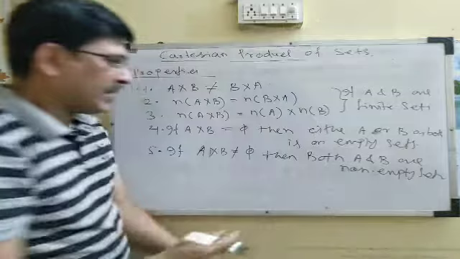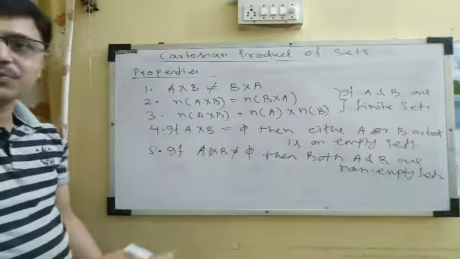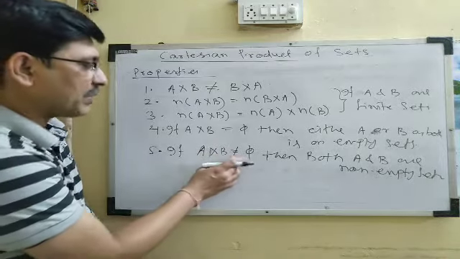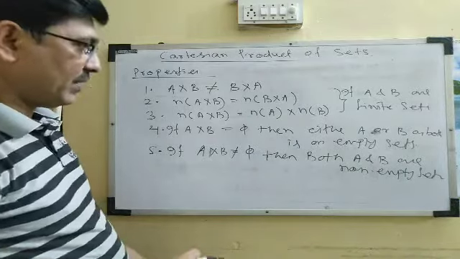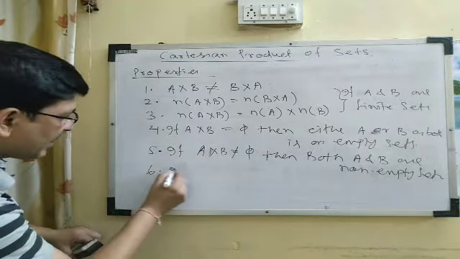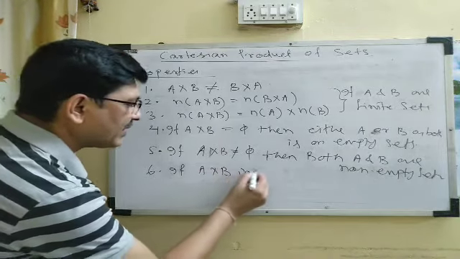That means if any one of these two sets is an empty set, then A cross B will be an empty set. So if A cross B is not equal to empty set, then both A and B are non-empty sets.